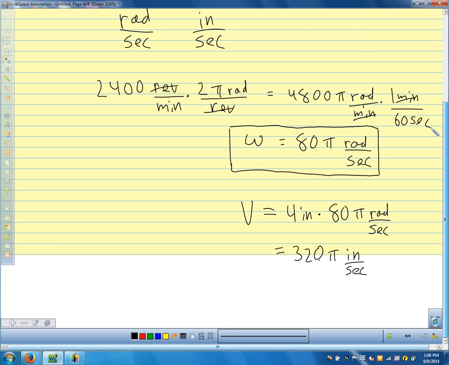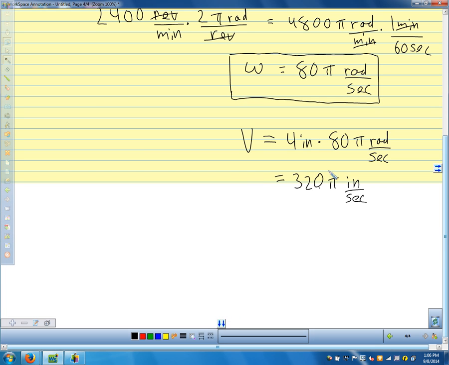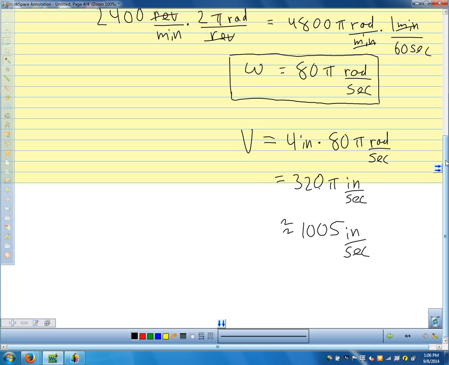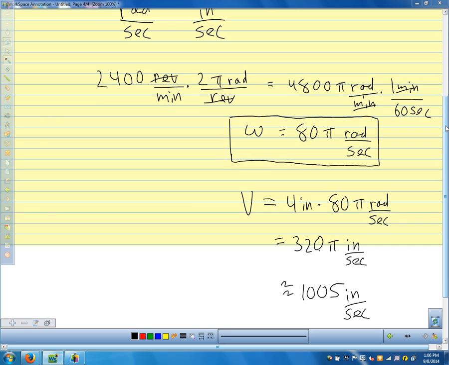That's one nice thing about working with radians. If I multiply this out, I get approximately 1,005 inches per second. So that would be my linear speed. So that little 4-inch circular saw blade is moving. The tip of that blade is moving pretty quickly.